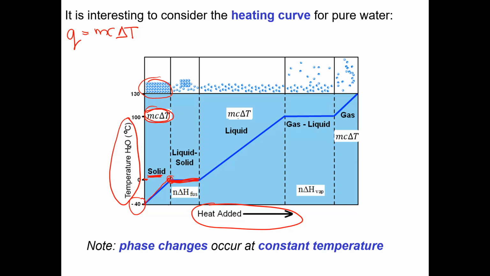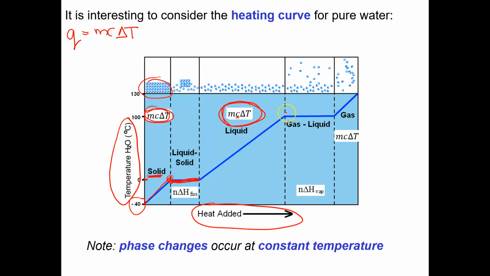Even though we're adding heat, the temperature doesn't move beyond 0 degrees Celsius. Once we've melted 100% of our sample, the temperature starts to rise linearly again, according to the same expression, Q equals mc delta T, but our heat capacity is a different number now. That's kind of interesting.